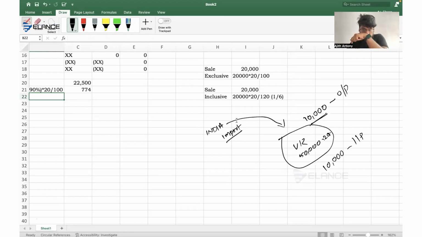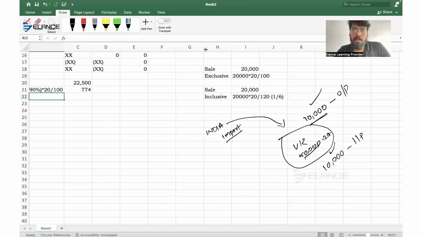At the time of importing an asset, both the output VAT and input VAT figures, we can pay and reclaim in the same return. At the time of purchasing this 50,000 valued asset, I should pay this 10,000 to HMRC, and I'll get the refund of that 10,000 in the same return.